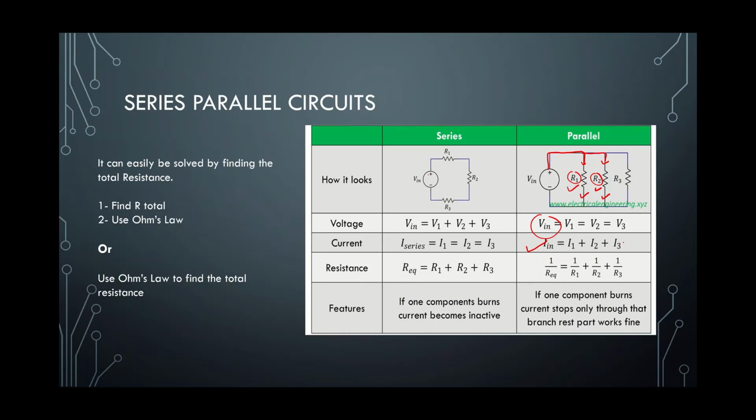So the current will be different, and the total will be the same. The total current will come until this point, then it will start dividing.